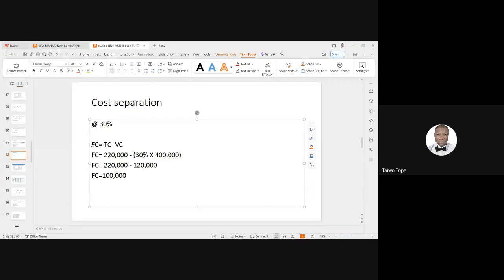Take note, that 400,000 is the total cost of production overhead at that level.